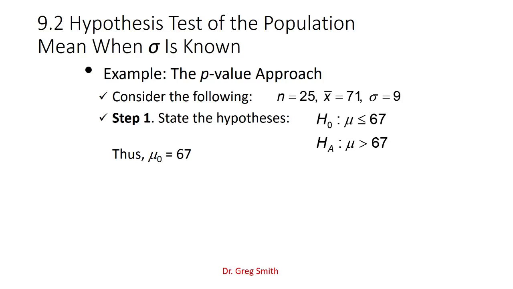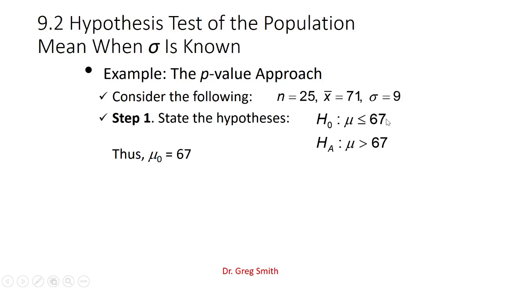So here's an example. Let's just set this up. You know of a sample of size 25 that the sample mean is 71 and the population standard deviation sigma is 9. We know that forever and always the mean wasn't 71, it was 67.